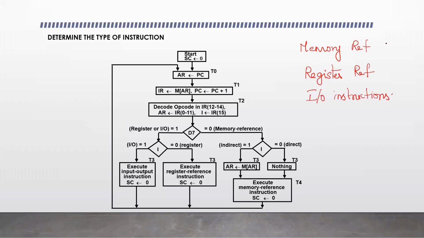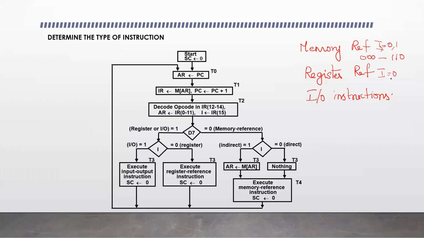For memory reference instructions, we have seen that the last bit I can be 0 or 1, correct? And the value of opcode varies from 000 to 110. For register reference instructions, I is always 0. You need to remember this.